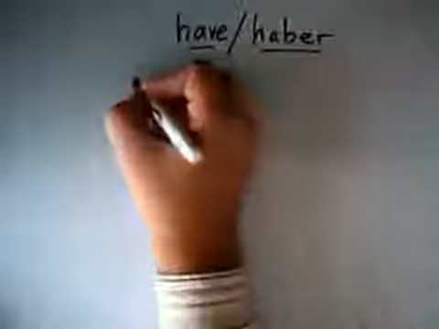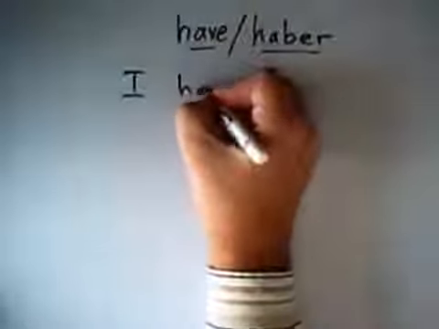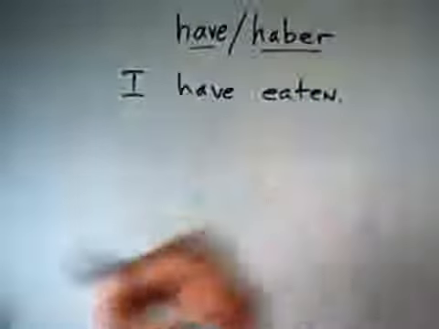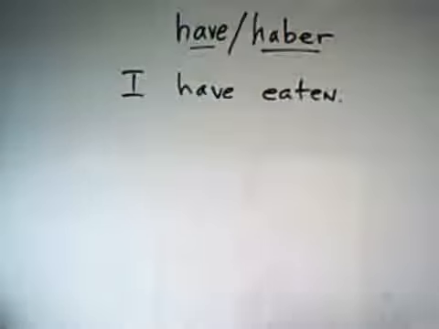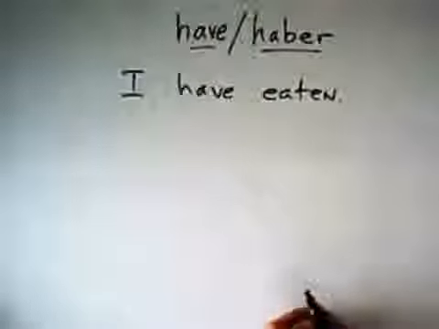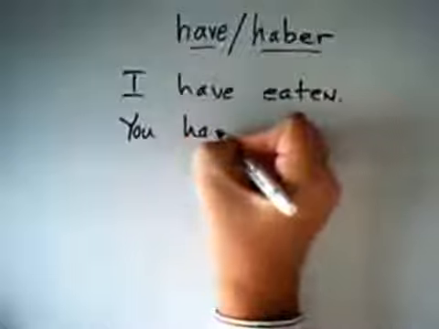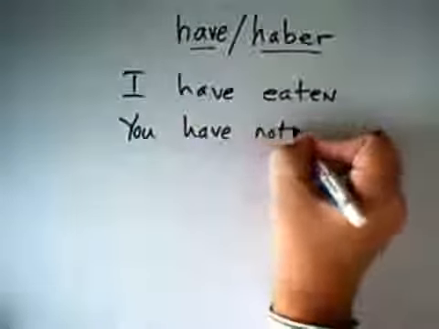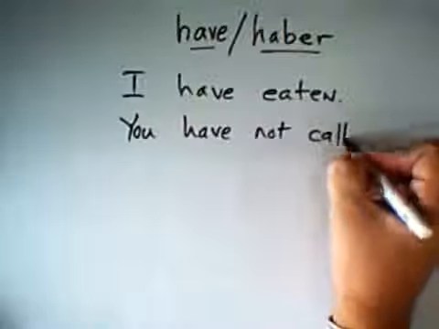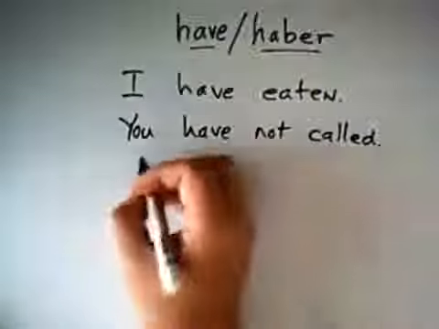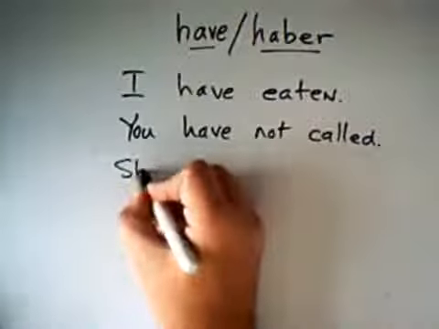Okay, something like I have eaten. The implication here is already, right? I have already eaten. Or you have not called, you can make it negative. Okay, remember these sentences, they're going to be our examples that I'm going to basically translate into Spanish.